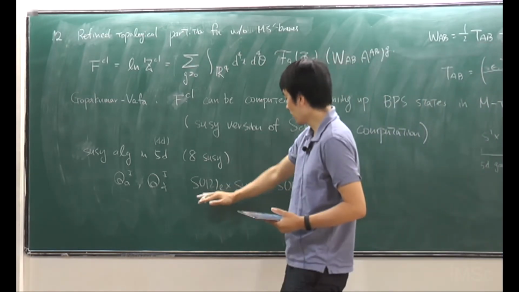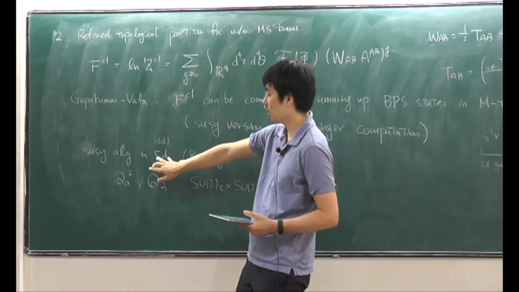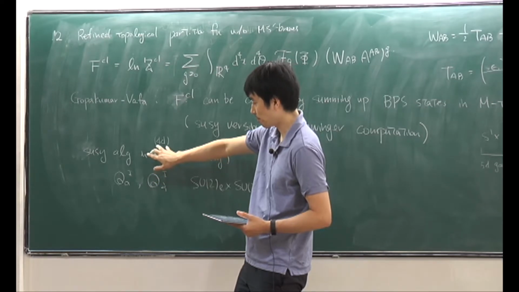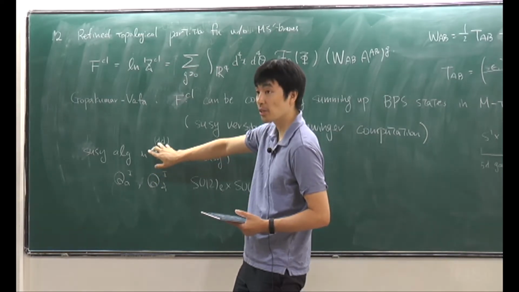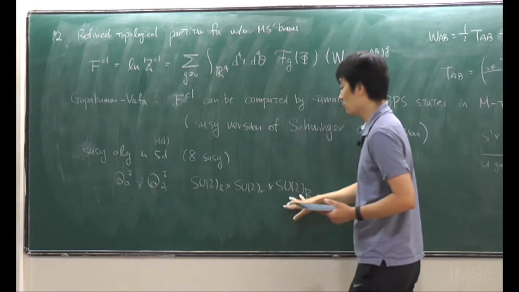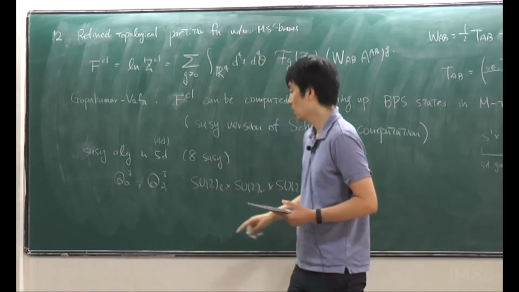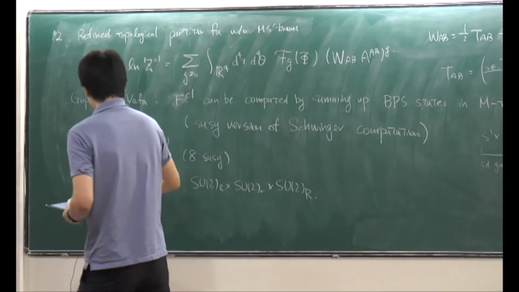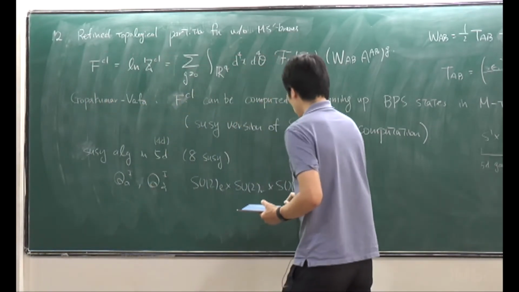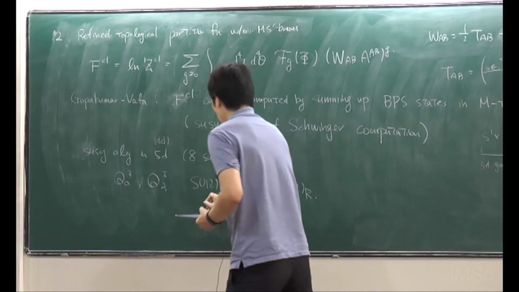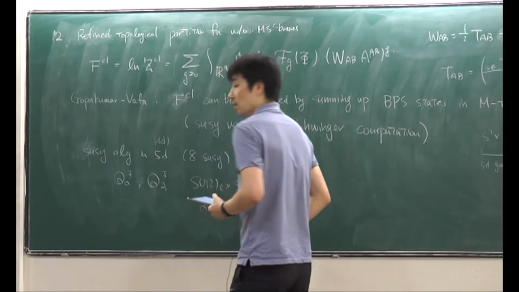The SU(2) left and SU(2) right are the little group, the Lorentz symmetry in 4D, and the SU(2) R is the R symmetry of the 8 supercharges. Therefore, I is the index. So this is capital I, and alpha-dot. That's the notation.